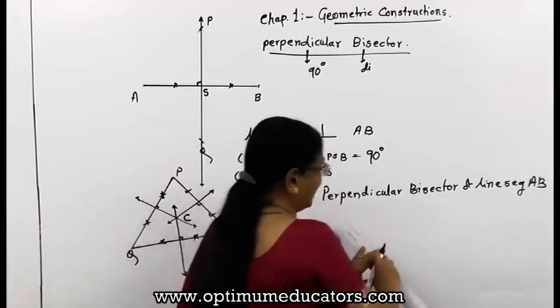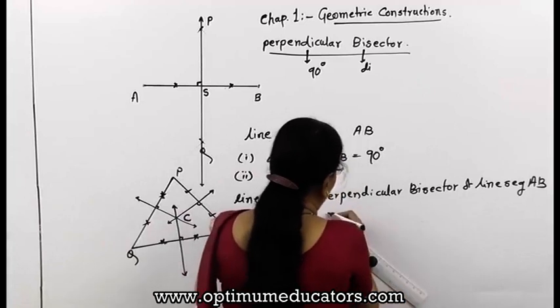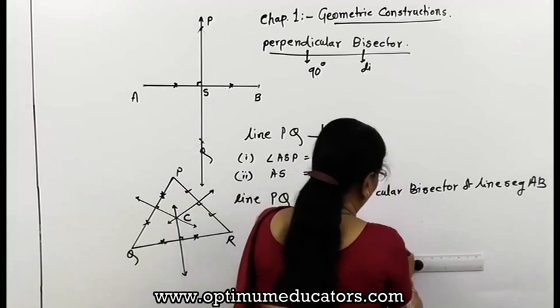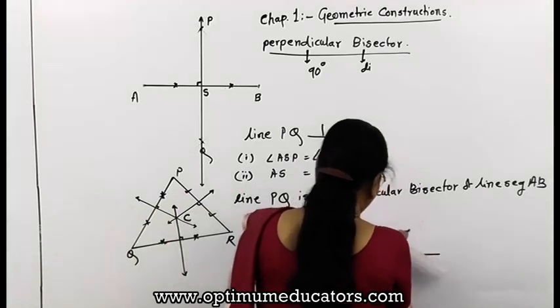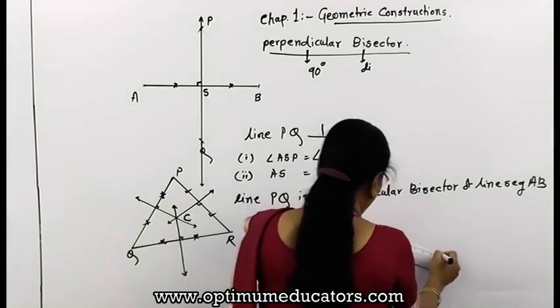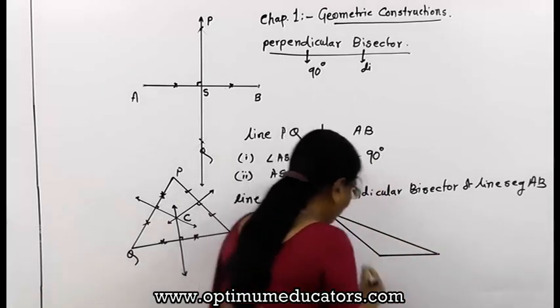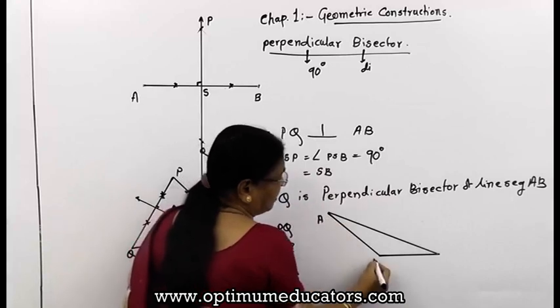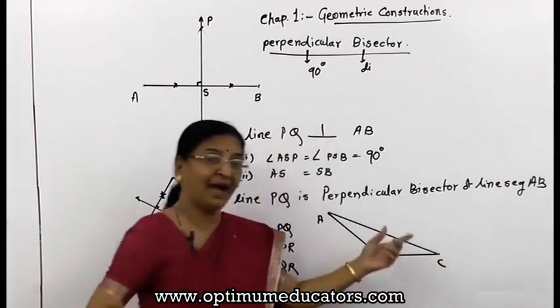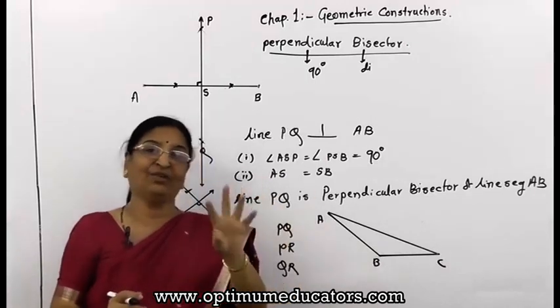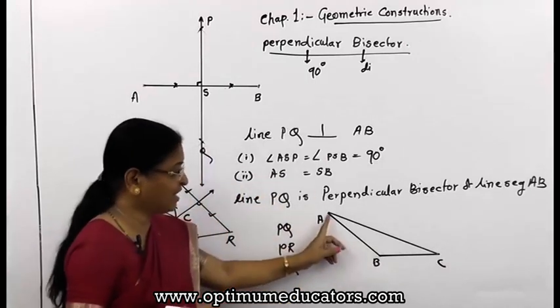Can you draw, see now, the obtuse angle triangle? One angle obtuse, and the other two are of course acute angles. Now suppose it is ABC, and see if I can draw the perpendicular bisectors of the three segments. Which are the three segments?